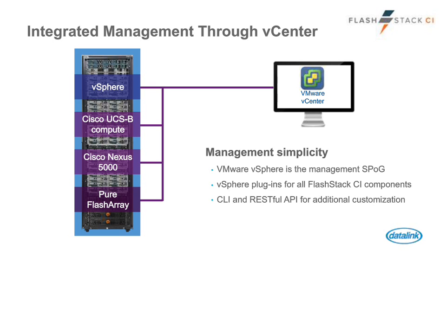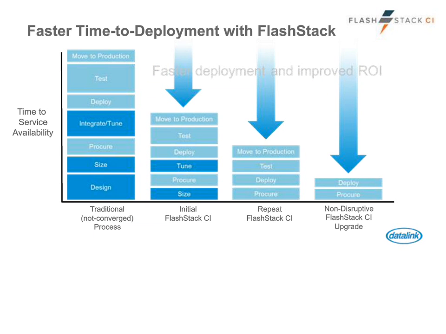Now, the value that you get when implementing a converged infrastructure solution is huge, compared with a traditional non-converged process. When you do your initial deployment, you have to go through a certain number of steps to get that FlashStack converged infrastructure offering going.